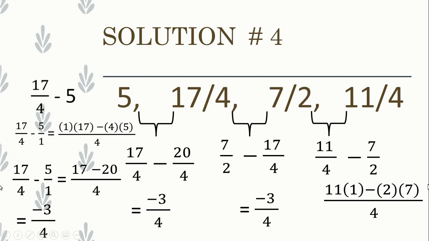Then simply evaluate the numerator, that will become 11 minus 14 over 4. And 11 minus 14 is negative 3. Therefore, the answer is negative 3/4. And as you can see, our common difference for this arithmetic sequence is negative 3/4.